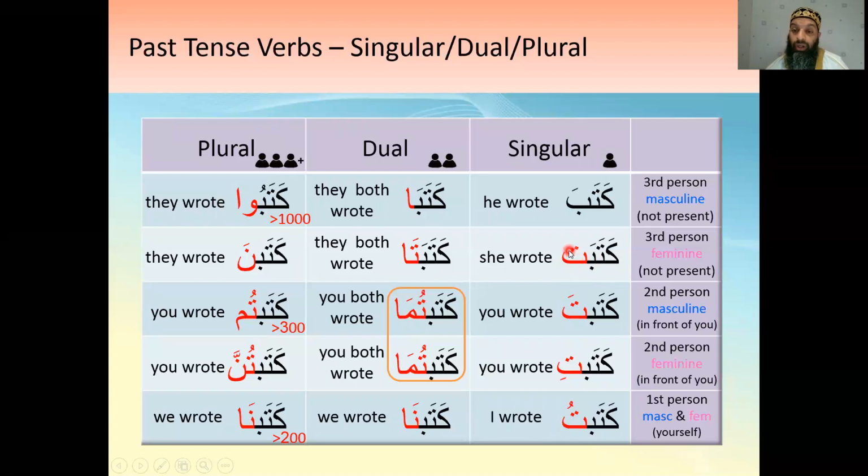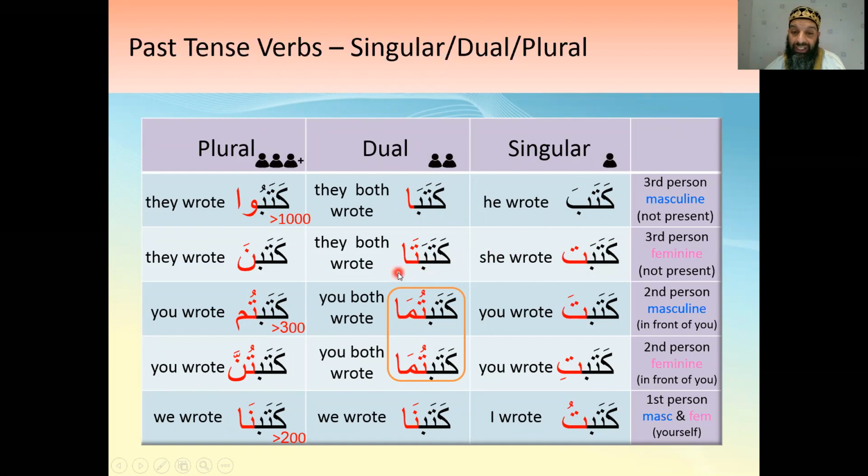Khalaqat means she created. Ja'alat, she made. So when you stick a ta, it makes it into she did it. You get the root word, you stick a ta at the end, it means she did that thing. It becomes feminine.